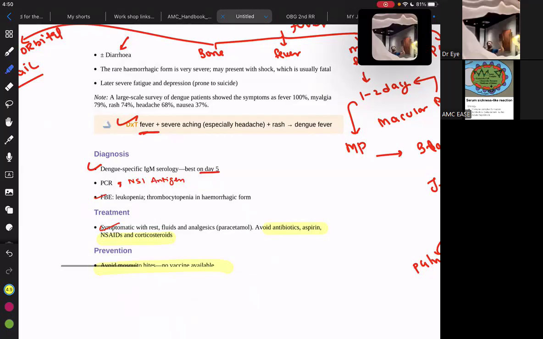If you remember, this dengue can result in even dengue hemorrhagic fever or dengue shock syndrome, where the patient's hematocrit will be raised, the patient will have hypotension and tachycardia. If the patient has the hemorrhagic form, that is the patient presents with the dengue shock syndrome, the hematocrit will be raised, the patient will have low BP, that is hypotension, and the heart rate will be raised, that is tachycardia.